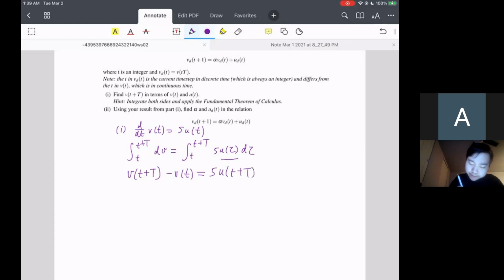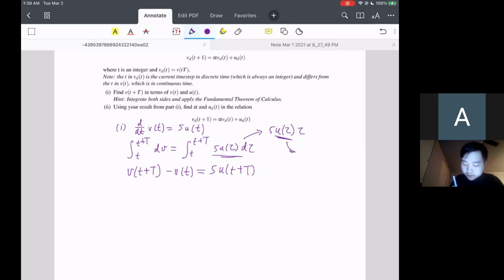So the antiderivative of this whole thing is actually equal to 5 U times tau, because U(tau) is a constant.